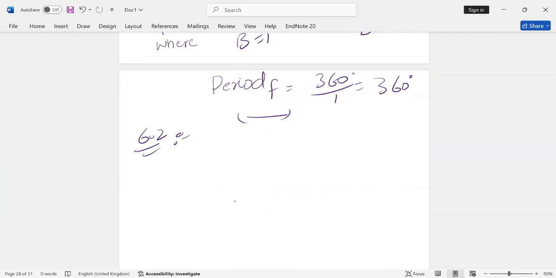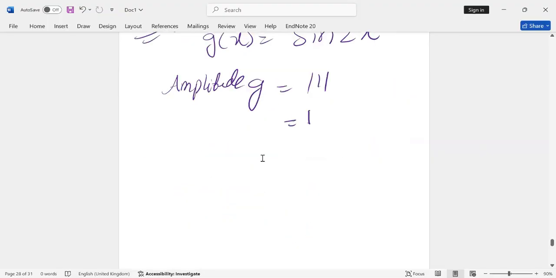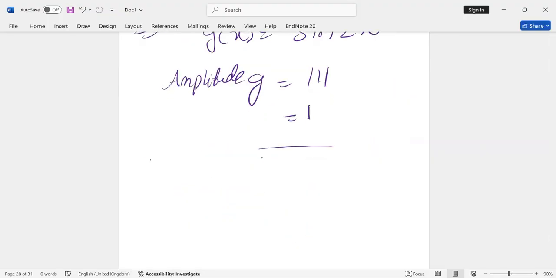The function g(x) is sin 2x, so the amplitude is the absolute value of the coefficient of sin 2x. The amplitude of g is equal to mod of 1, and the answer is 1. The next question is 6.3.